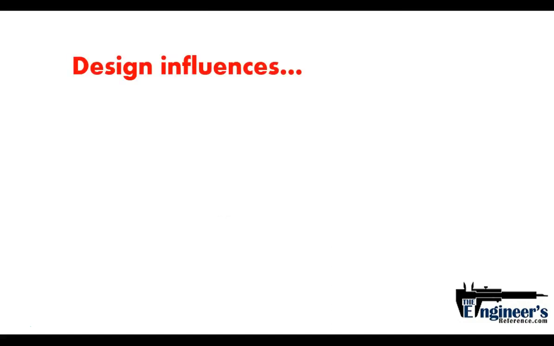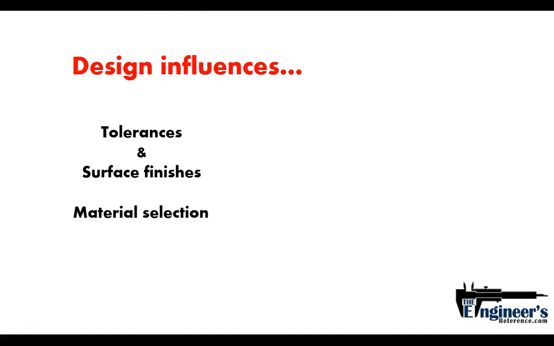So what we've done up to now is looked at the different influences that design can have on the manufacturing and assembly processes. We've looked at things such as your tolerances and your surface finishes, and what influence those can have. You've looked at material selection. Now we know that this dictates a major portion of your manufacturing cost.